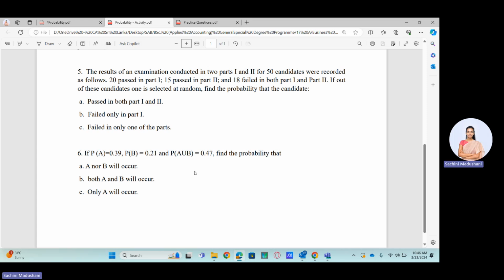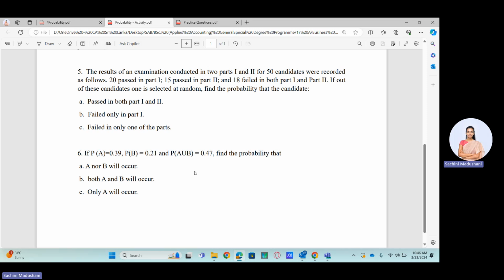Then we can write the complement of A union B is equal to 18 over 50. It's clear. Then what is the union value?